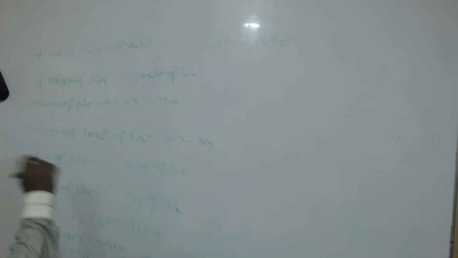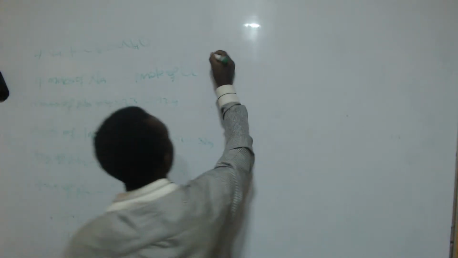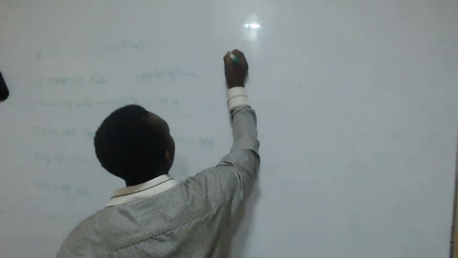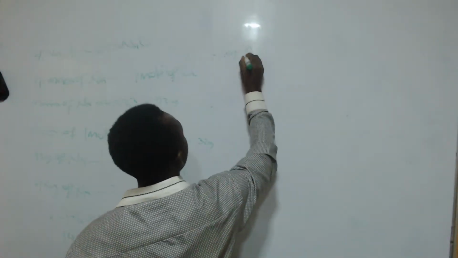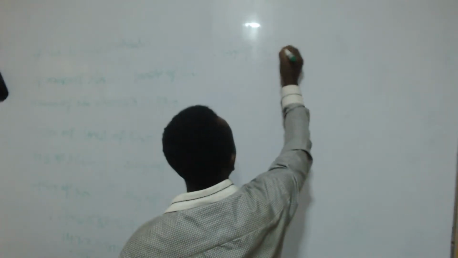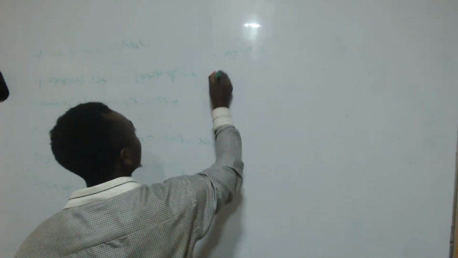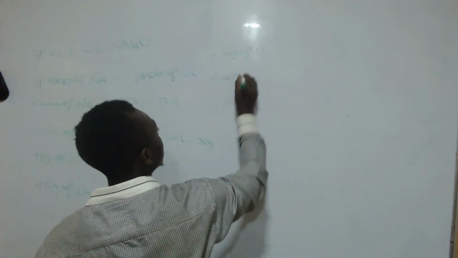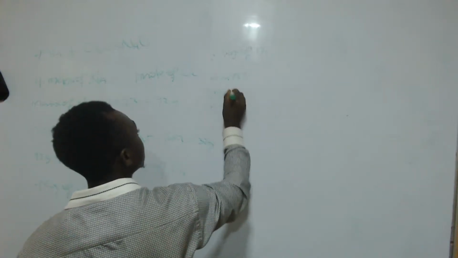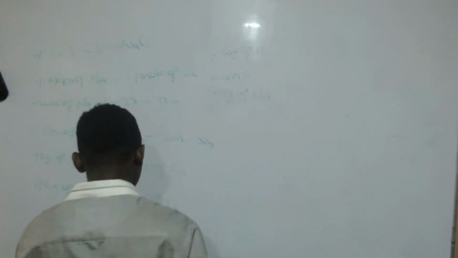This implies that it requires 1.6 grams of oxygen to burn 4.6 grams of sodium. So therefore, 1.6 grams of oxygen burns 4.6 grams of sodium. Very easy.